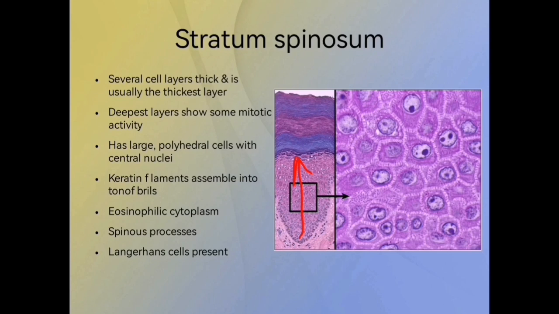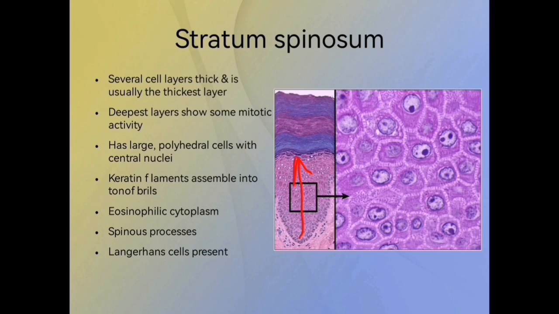The deepest layers in this stratum spinosum show some mitotic activity, so some texts say that these deepest layers plus the stratum basale form the stratum germinativum. An interesting feature here is that these cells present with spinous processes between individual cells.